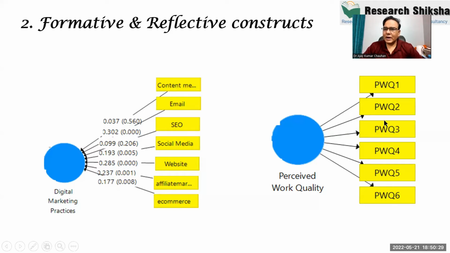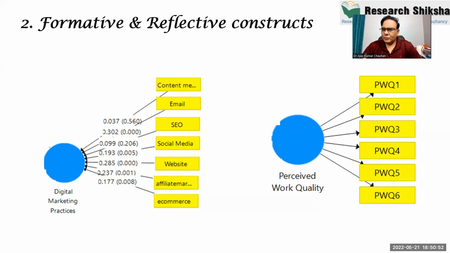And whenever the arrows come from the blue and join the yellow rectangles, this is known as a reflective construct.